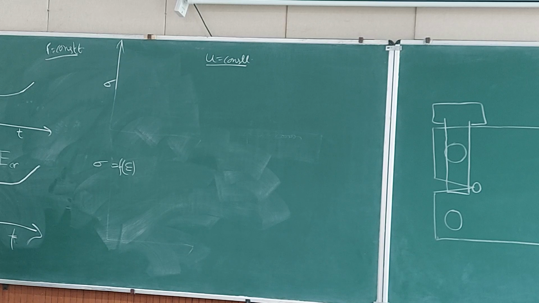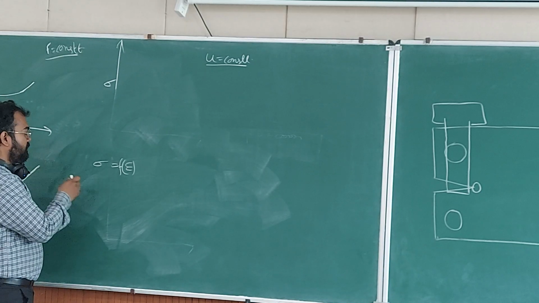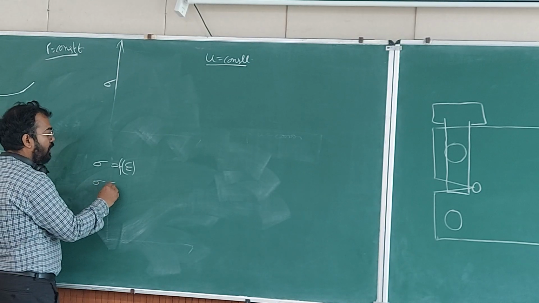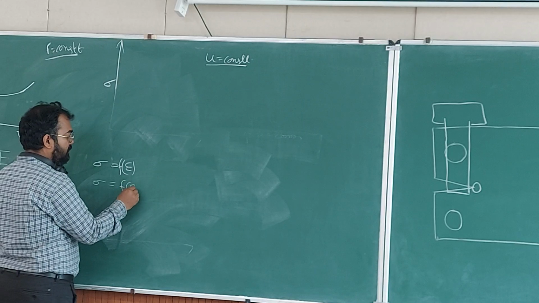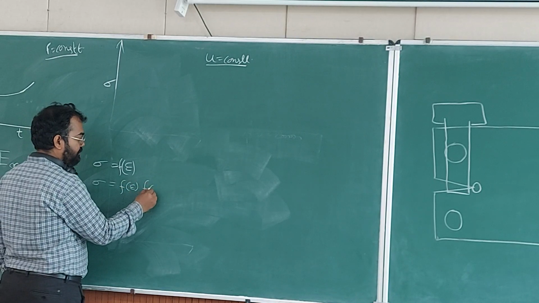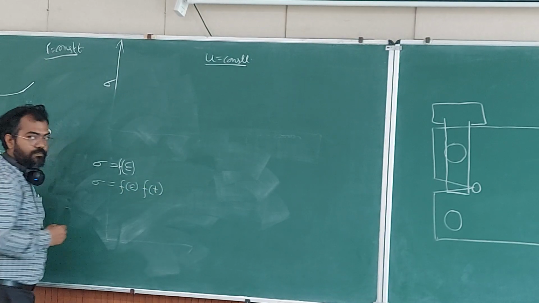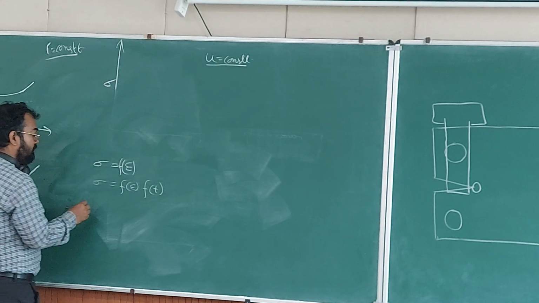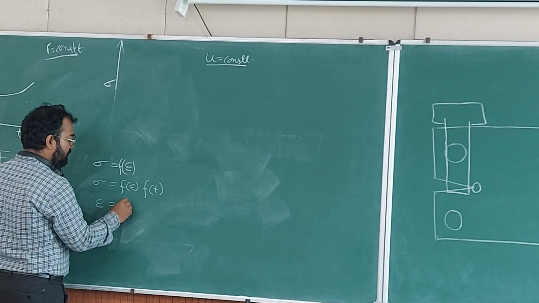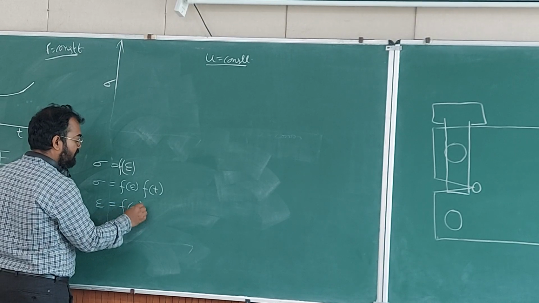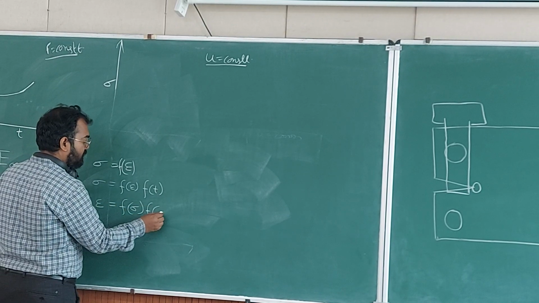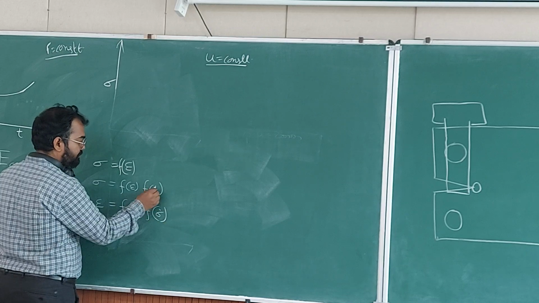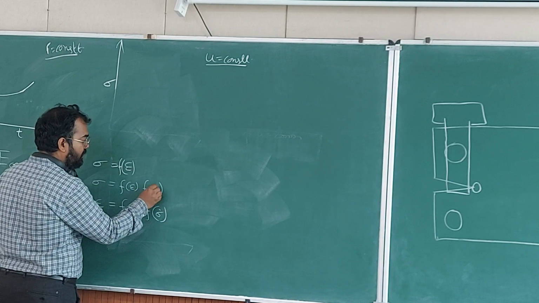But in case of creep, stress is not only a function of strain, but it is also a function of time. If you write it in reverse, then strain is not only a function of stress, but it is also a function of the rate of stress. So here you can write creep strain rate.